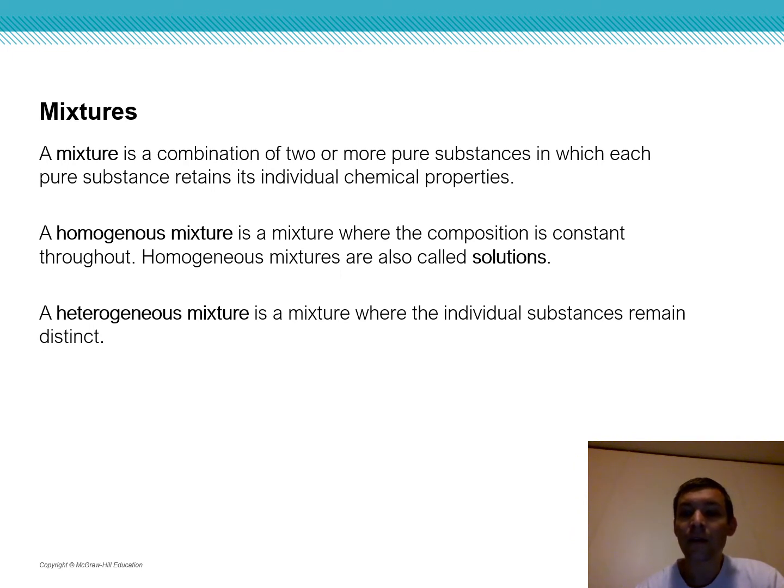Or think of, for the other example, colloids. You could think of particles that do not settle out. So things like fog, all the little particles there, they rise with the heat and they don't settle out.